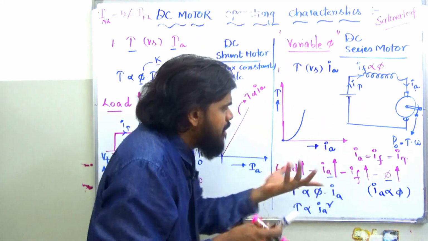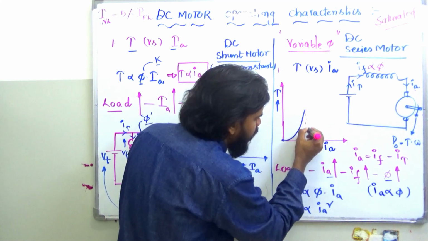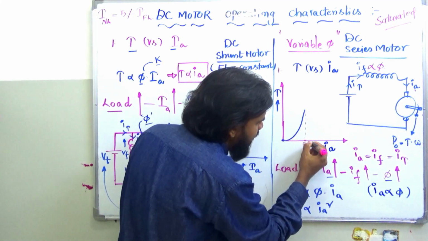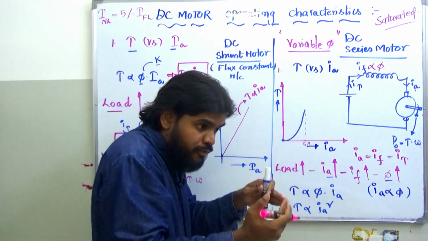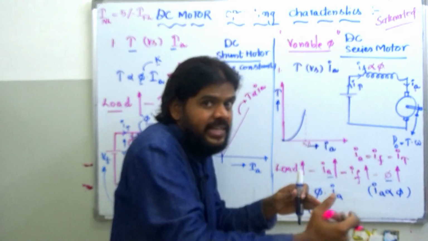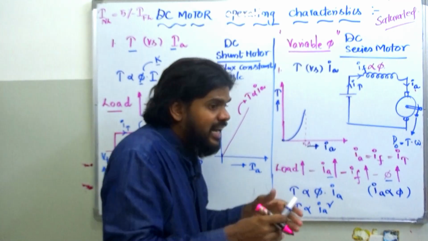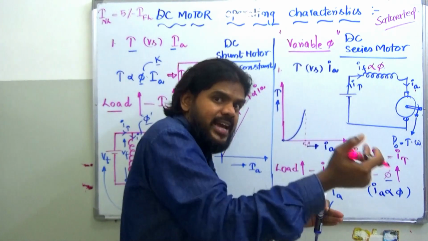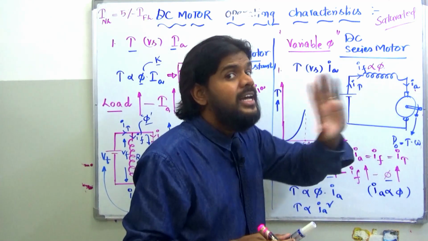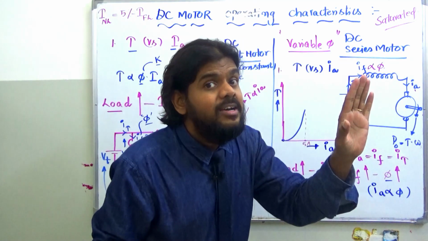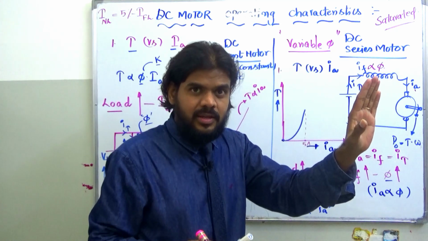Let's say you have about 5 amperes of armature current. After 5 amperes, if you further see the load is increasing, the current may still rise from 5 amperes to 6 amperes, but because of the saturation of the field, the flux will not rise afterwards.